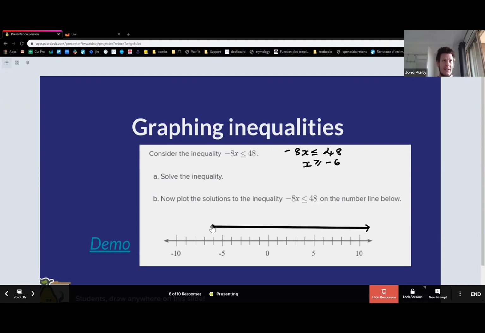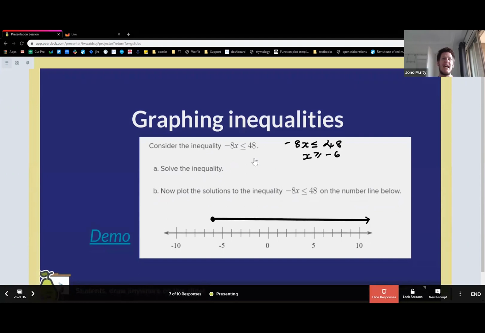Closed circle at -6, and all of the answers greater than that. Let's just test a number. If x is 10, I would have -80 is definitely less than 48. If x was 0, 0 is definitely less than 48. If I had -10, then I would have 80 is less than 48, which is wrong. And we know -6 is correct here. So well done.